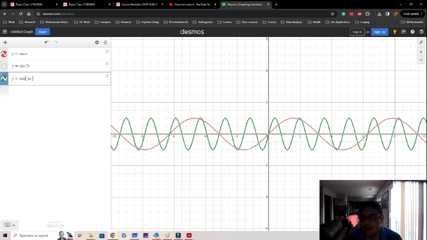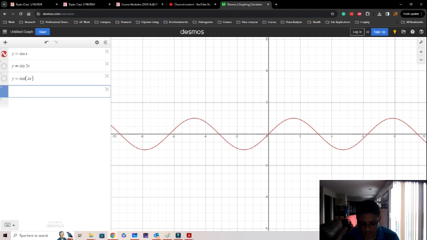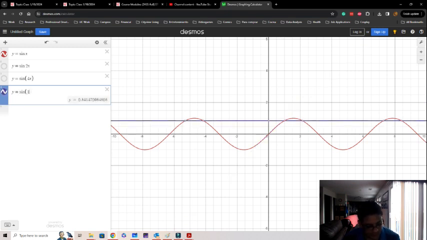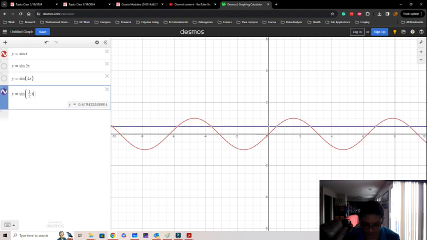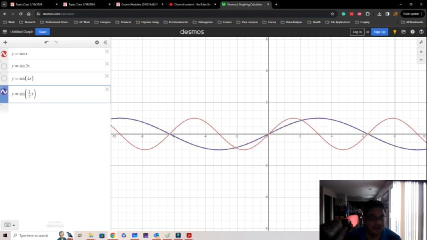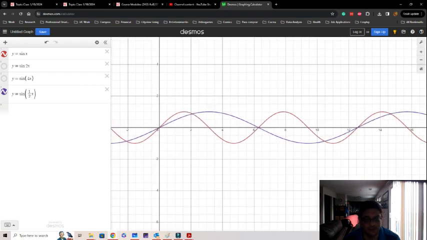But now I can also make it slower, of course. If instead I do sine of 1/2 x, notice that it's going to take twice as long to complete the full period.